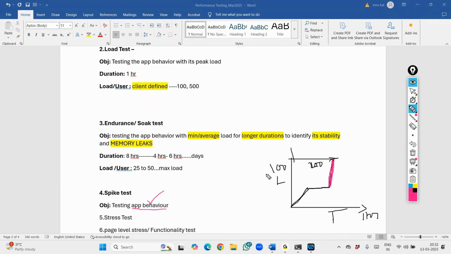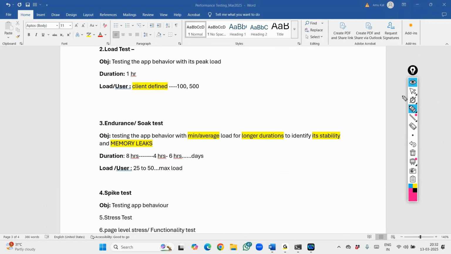We defined the load as 100 and added a few more users just to check how your Amazon is working whenever there is a sudden rise in user count. That is nothing but a spike. During this period we check the application behavior in that abnormal situation.